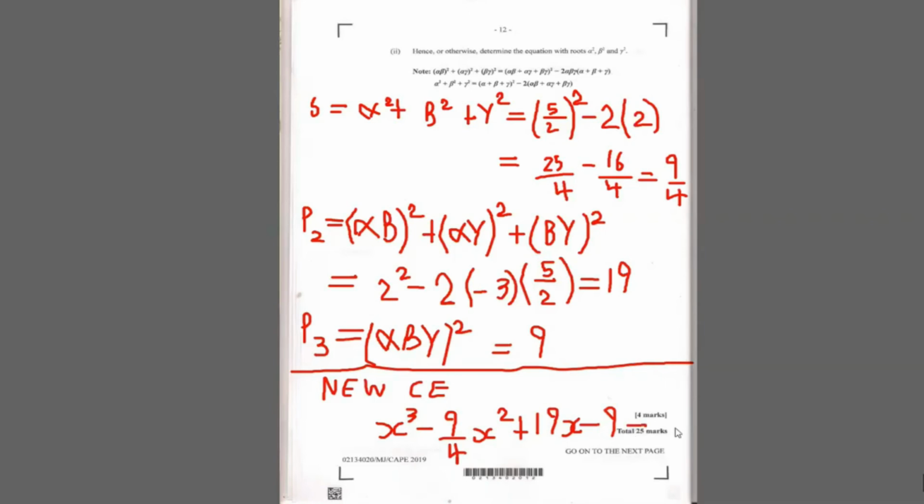Now, if you want, you could multiply through by 4, but I won't. I will leave it as this. This is the new cubic equation. Nice.